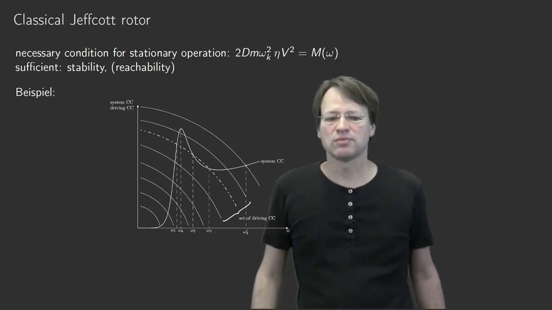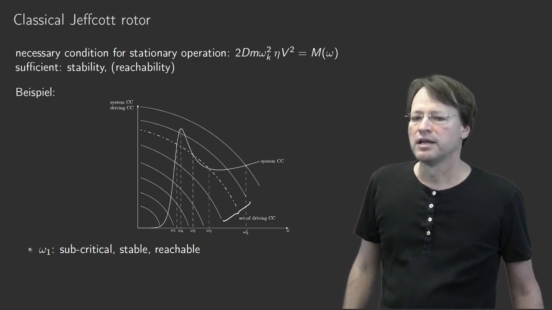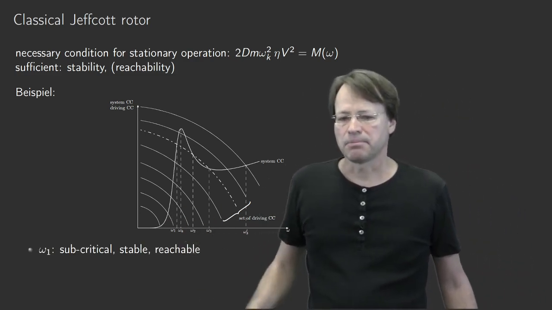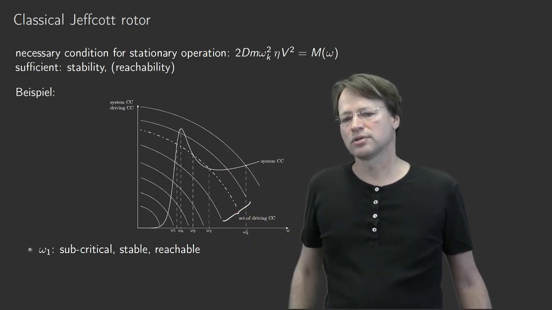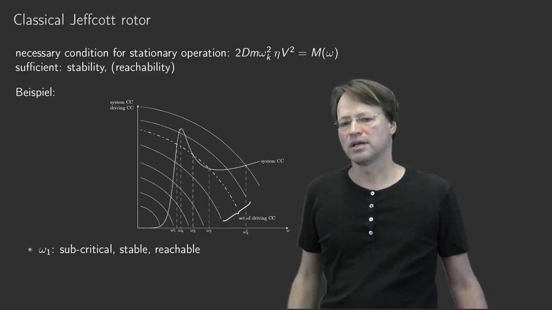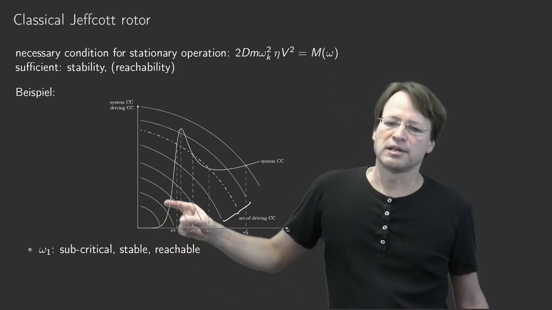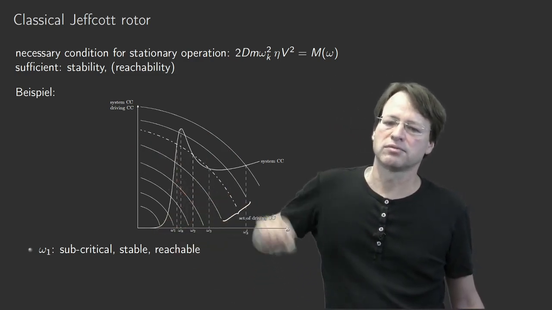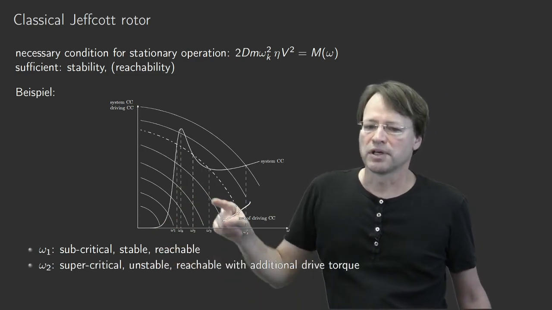So let me summarize what you learned about the stability of these stationary states. Omega 1 is a subcritical stationary state, subcritical because it's below the resonance, below omega equal omega k. It's stable and it's directly reachable from this driving characteristic curve. Omega 2 is supercritical.